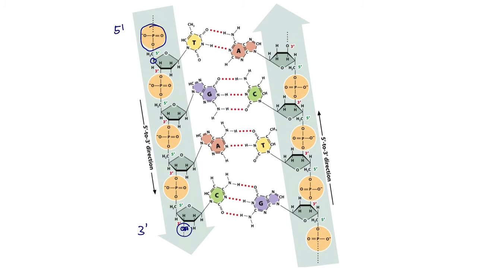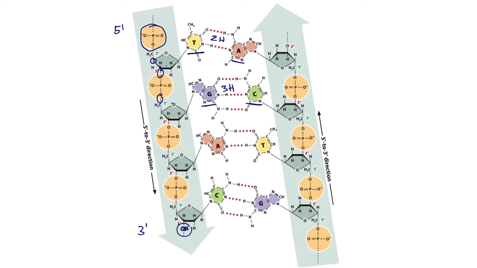So 5' to 3' direction. And each of these phosphate groups is forming a phosphodiester bond. Here's the diesters to hold the 2 nucleotides together. But now if we look at this top molecule, T, it's got 2 hydrogen bonds holding it together with its partner A. G is paired with 3 hydrogen bonds to its partner C.